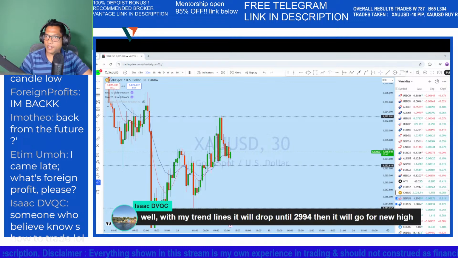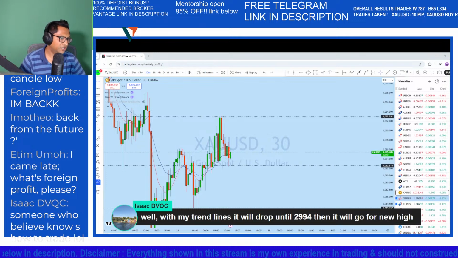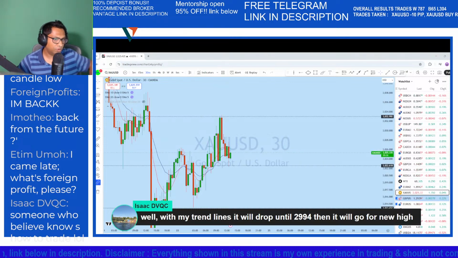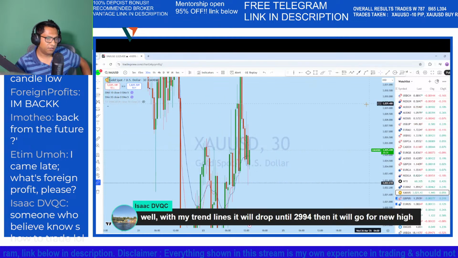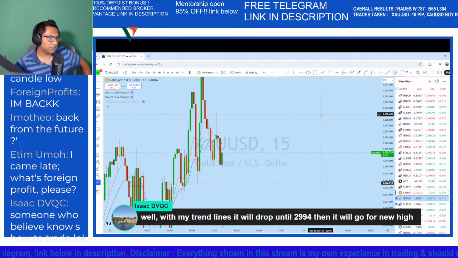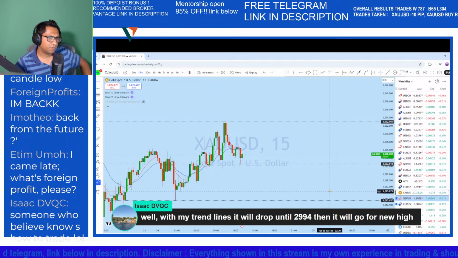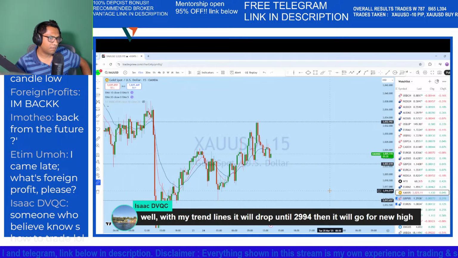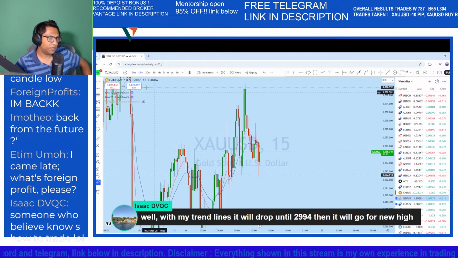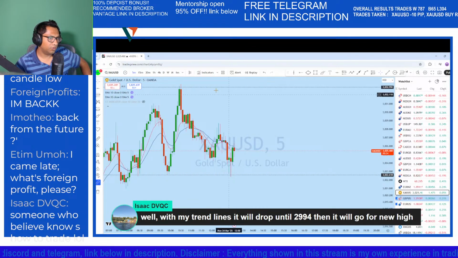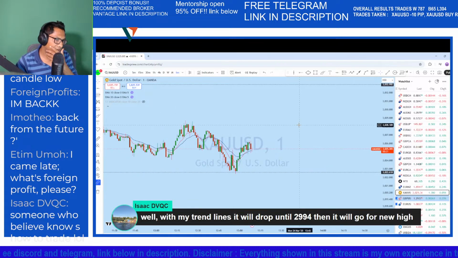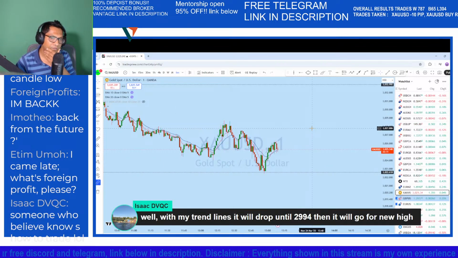When you see the market sideways like that, we just need to wait for the market to show proper direction, and that is the only way to find a better trade here. As you can see, this is a very narrow market at the moment. We have to wait for the market to show clear direction here.